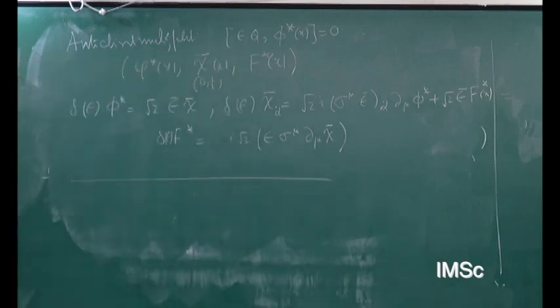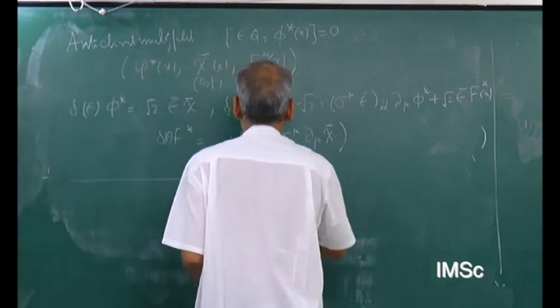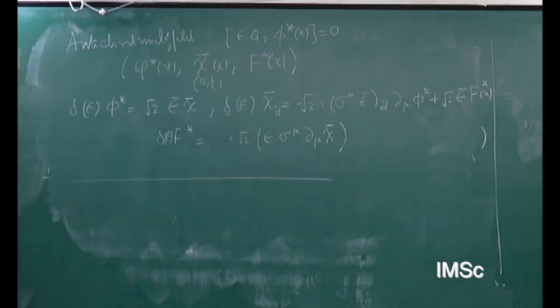So is that right? That's what it would be, the antichiral multiplet. Chi is minus, this one is with plus, and then this should be with minus. Is that what I have here? Yes. All these remarks are valid for that one also.